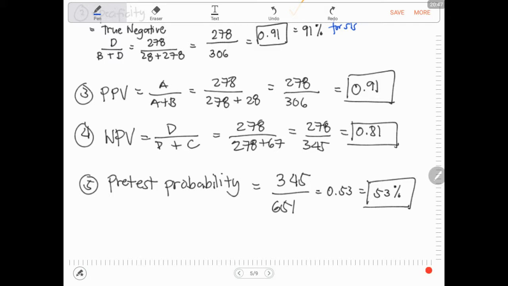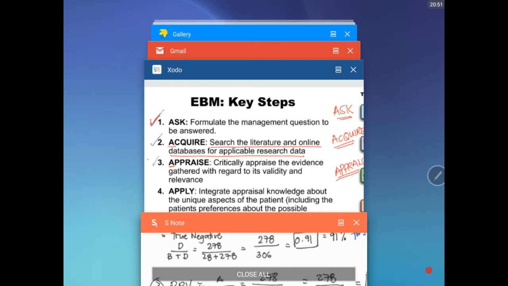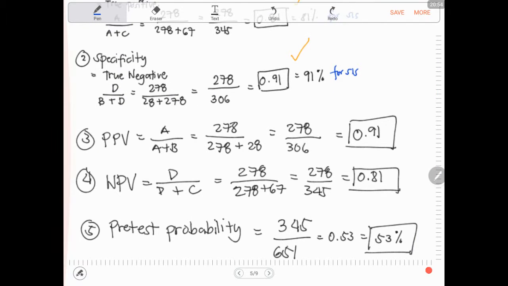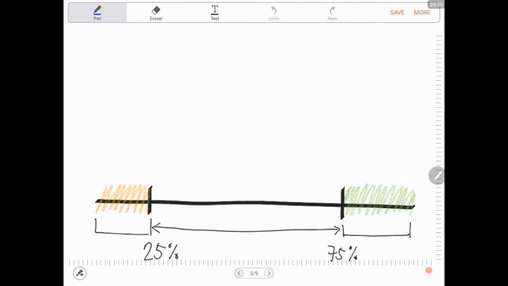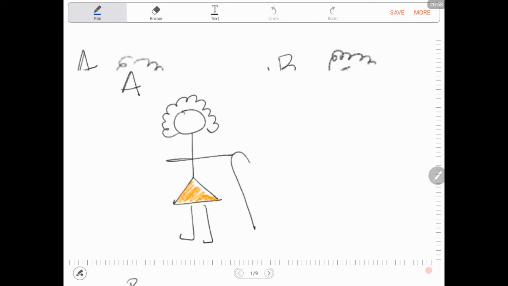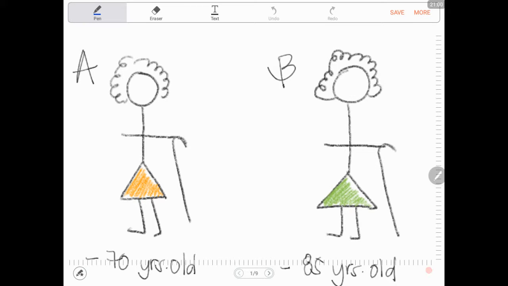Yan ang pretest probability. So, say for example, you have two Lolas, Lola A and Lola B. Lola A is 70 years old.